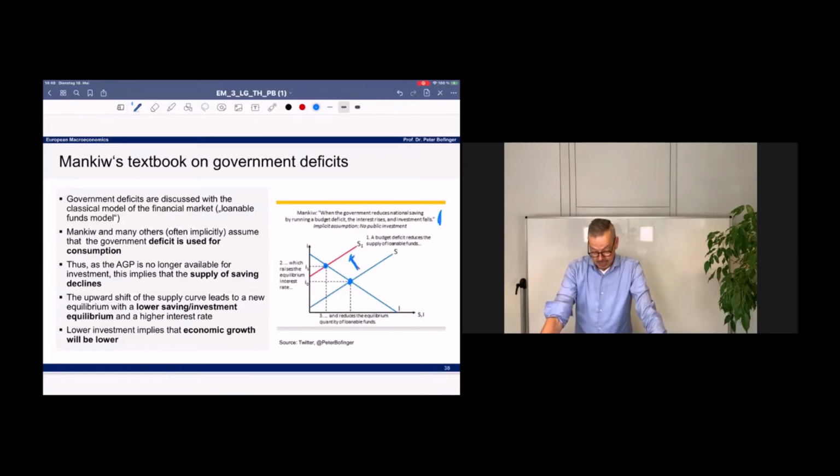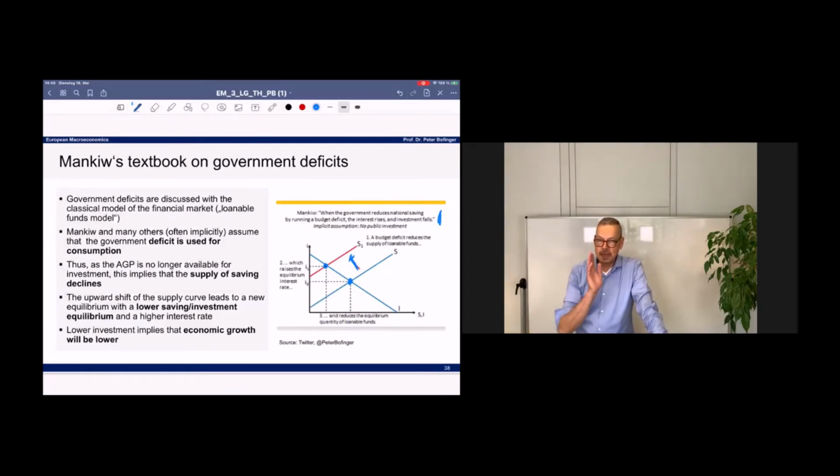And in Germany, this view is even enshrined in our constitution. The German Grundgesetz says in Article 109 that the government is not allowed to run a budget deficit in principle. There are exceptions in situations like a natural disaster or now a pandemic.